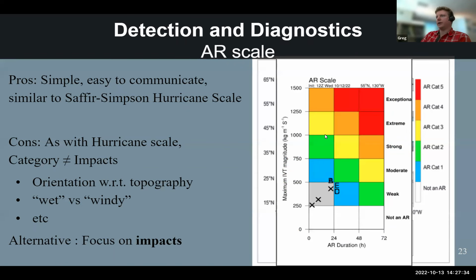So for longer duration storms, if you have a storm that has a maximum IVT of say 800, but it's persisting for more than a day or more than 2 days, then that bumps it up in AR category. It can go from a Cat 2 to a Cat 4 if it persists for a longer amount of time.